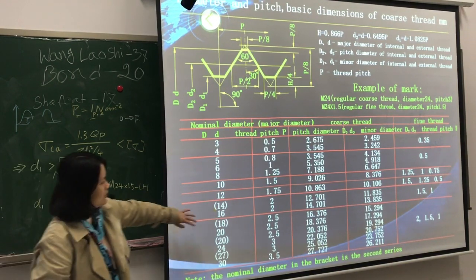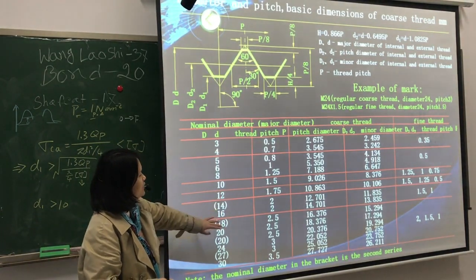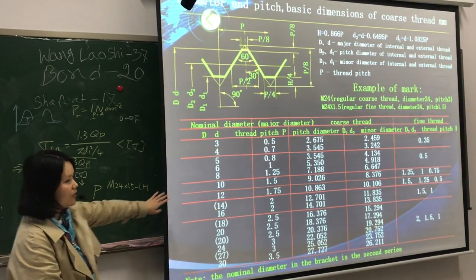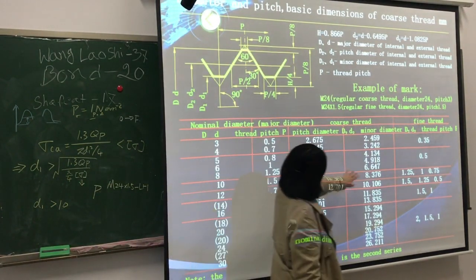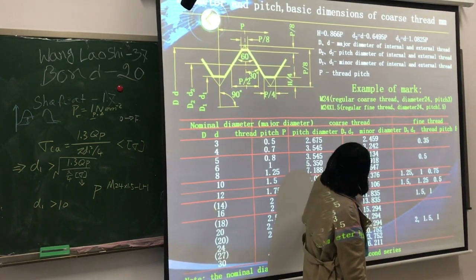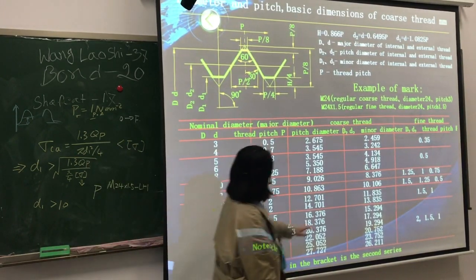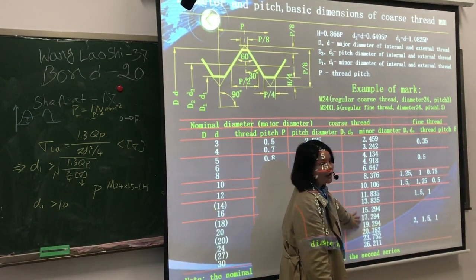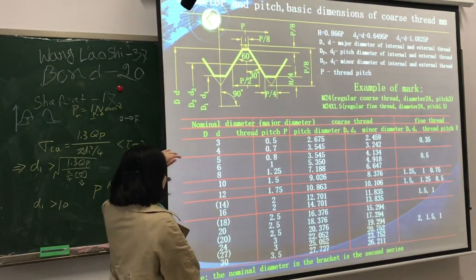Then we can use this table to select the ordinary screw thread. For example, this is the value of the minor diameter. If the width is less than 10, we can choose this screw thread.